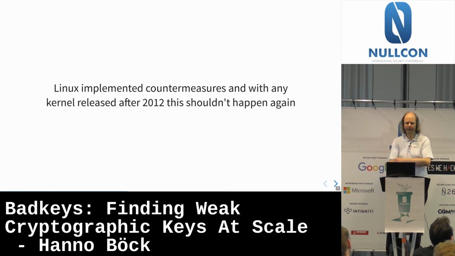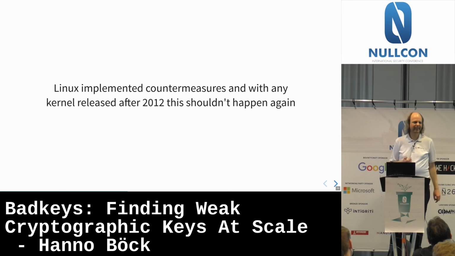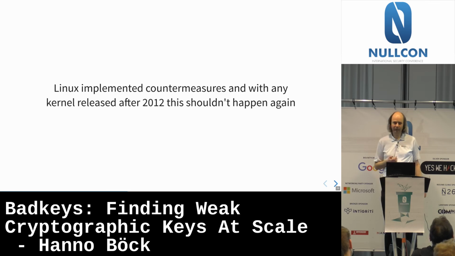The Linux kernel developers implemented some countermeasures, and a lot more recently actually, but already right after this vulnerability was discovered, they implemented some things that should make sure that more entropy is added to the pool earlier, and this should not happen with any kernel published after 2012. But as you may know, in embedded devices, people tend to use really old software.